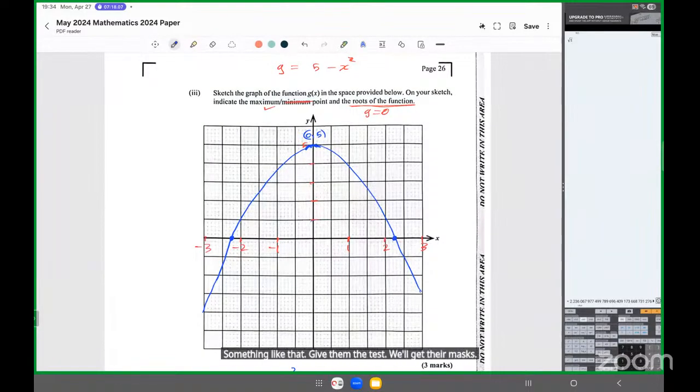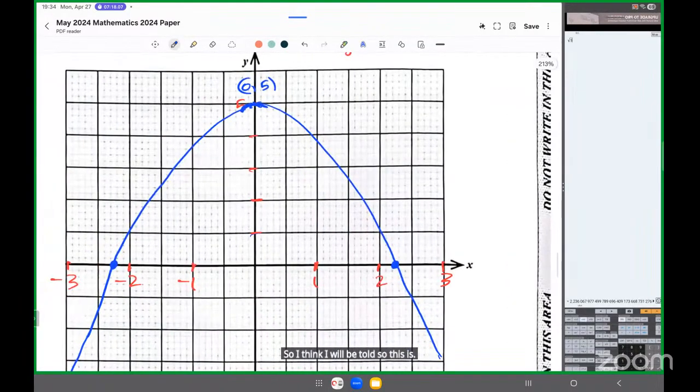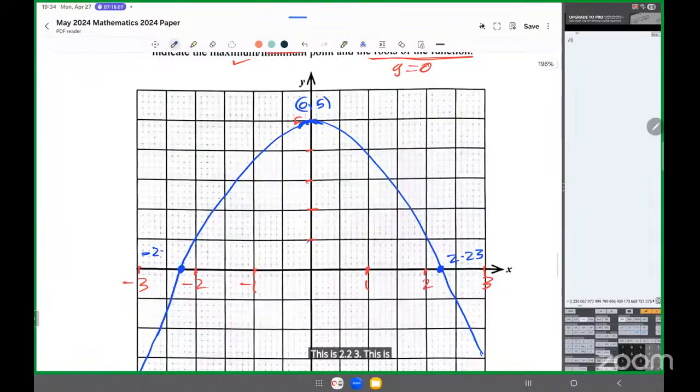So I have to kind of work it out. So this is 2.23. This is negative 2.23. We have to work out what the maximum point was.